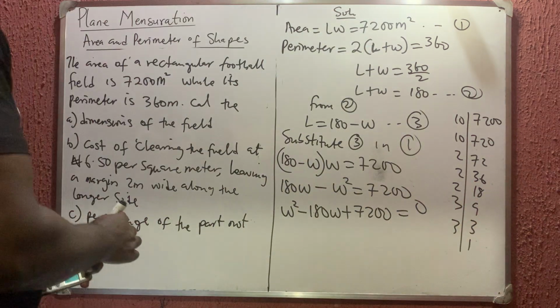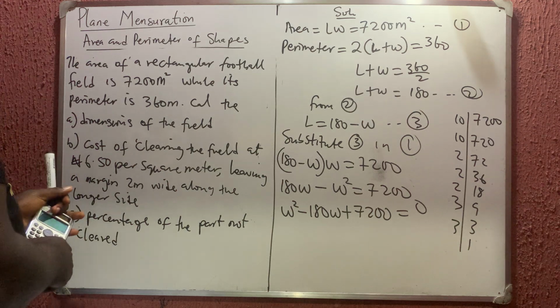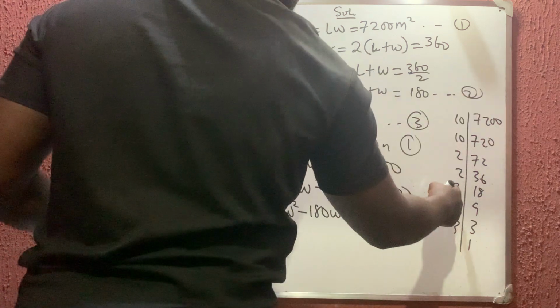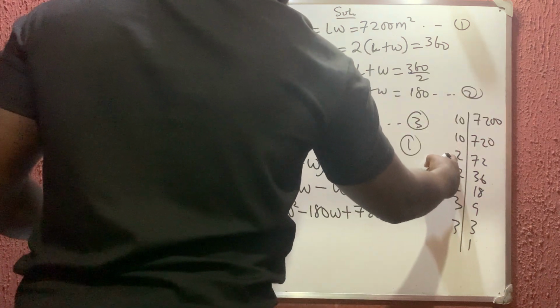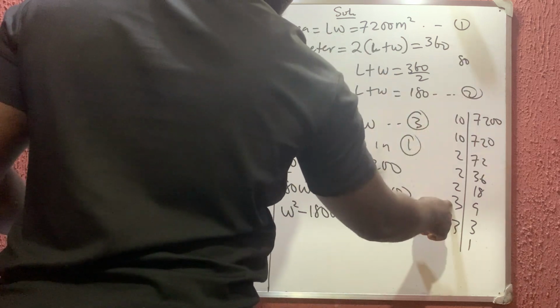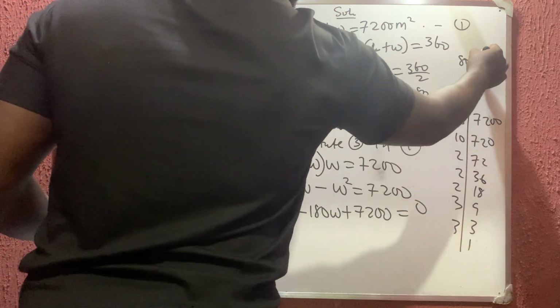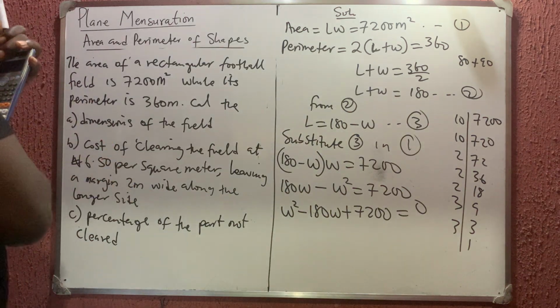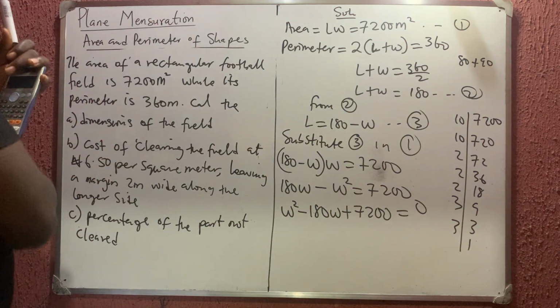So I'm looking for 180. How do I get 180 now? 8 times 10 is 80. 2 times 2, 4 times 2 is 8. 8 times 10 is 80. 3 times 3, 9. 9 times this is 90. So 80 plus 90 is 180? No, it's not 180. So how do we get 180?